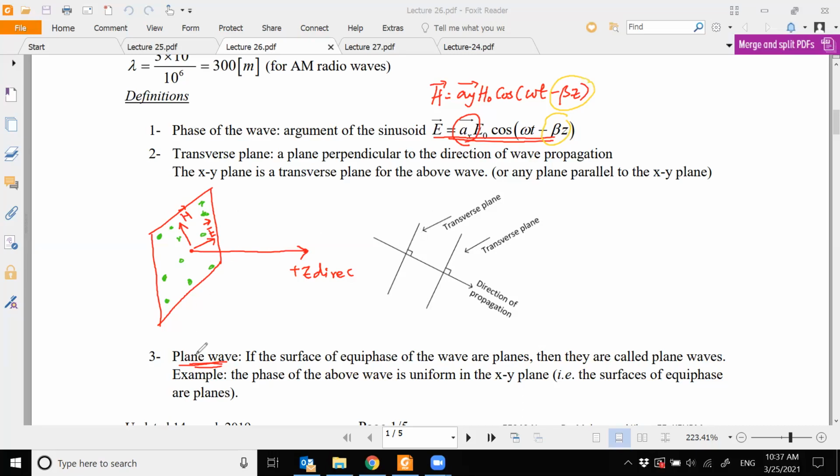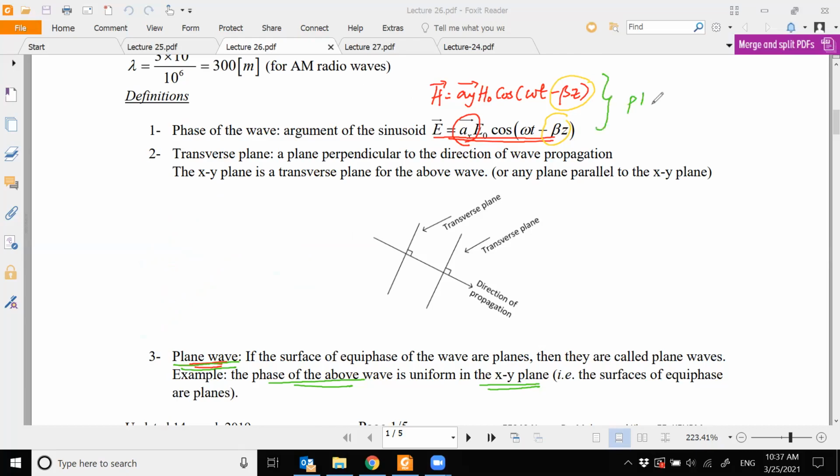That is called the plane wave. That is, its phase will be uniform in the XY plane. So wherever you go, your phase will be the same. Your phase is a constant. That is called the plane wave. And the examples of these expressions that we have here are all examples of plane waves.